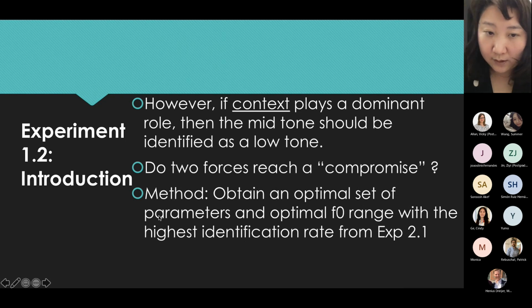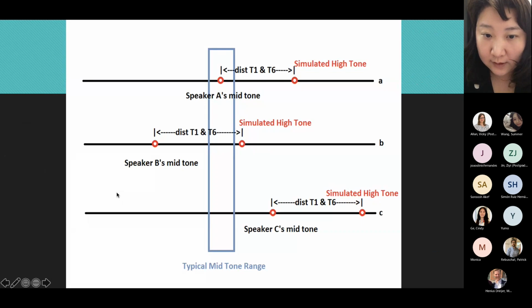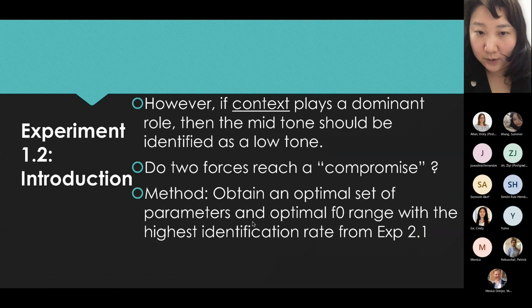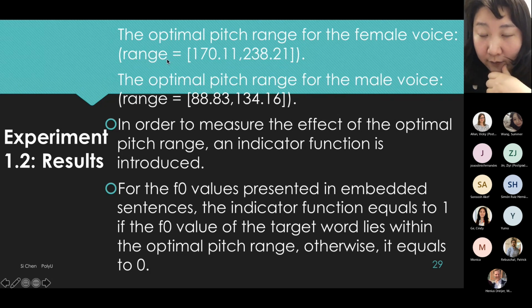So what we need to do is obtain the so-called typical midtone range. We do need to find out what this typical midtone range is. So what we did was we tried to find the optimal pitch range based on our previous experiments. We tried to figure out this optimal pitch range for the female voice and the male voice.